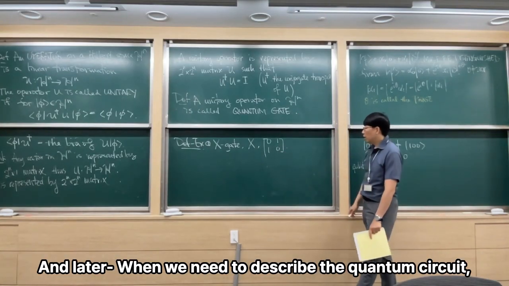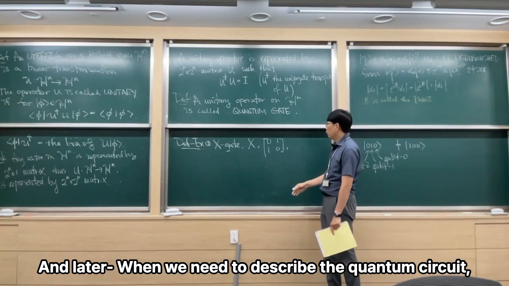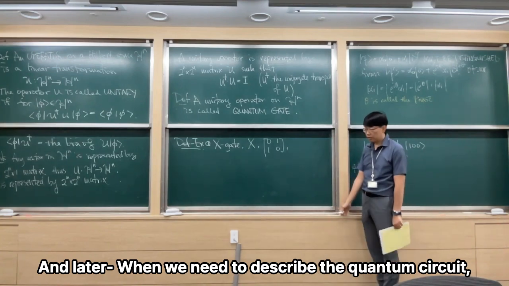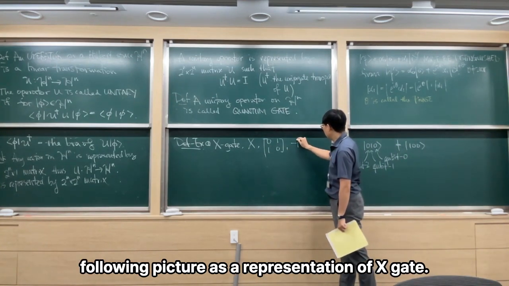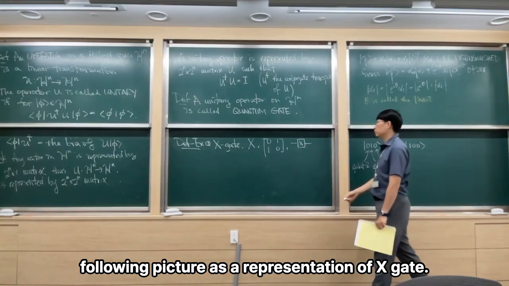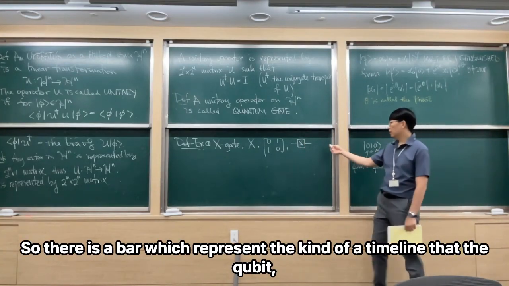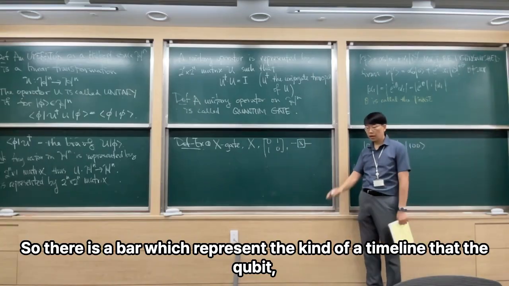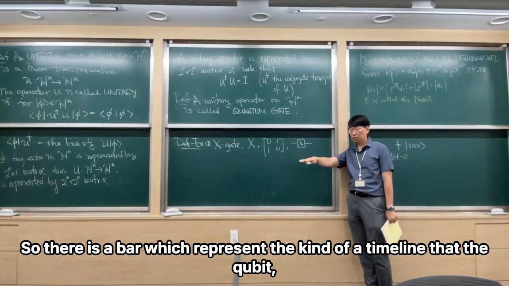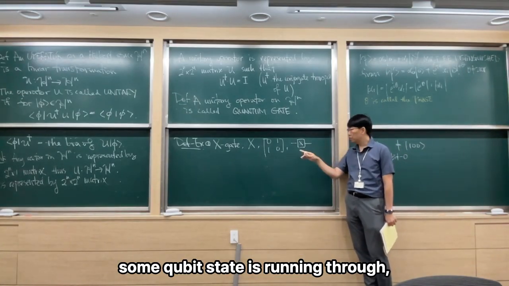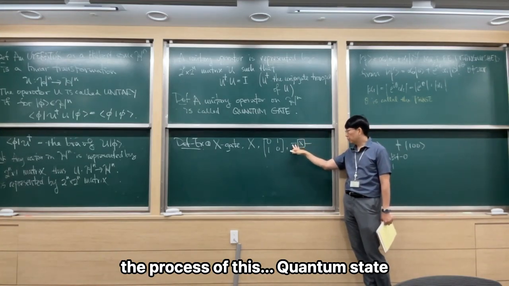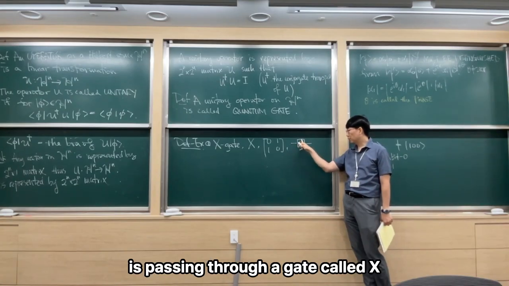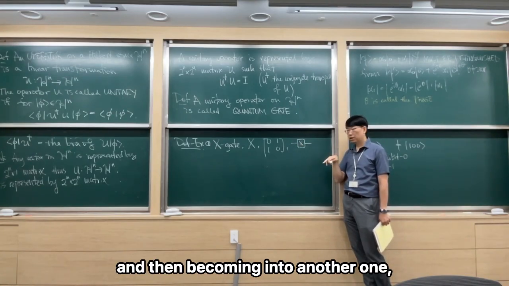And later, when we need to describe the quantum circuit, we will use the following picture as a representation of the X gate. There is a bar which represents a kind of timeline that the qubit state is running through, and it depicts the process of this quantum state on the left passing through a gate called X and then becoming another one.